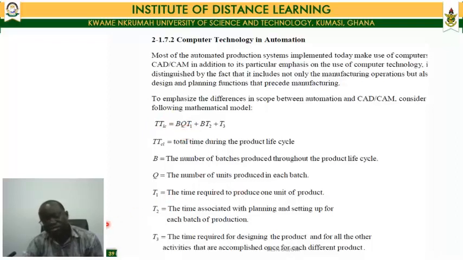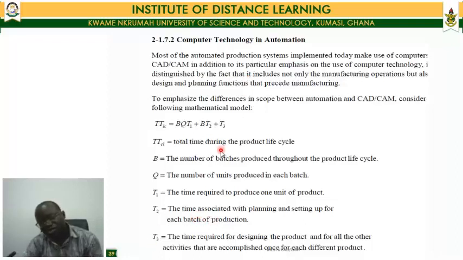Okay. Now, the second part of this equation has T2. T2 is the time associated with setting up for each batch. So B times T2 will give you the time associated with setting up for all the batches.